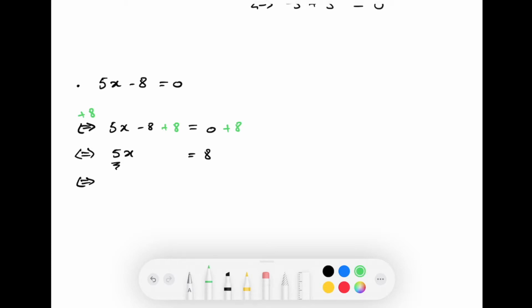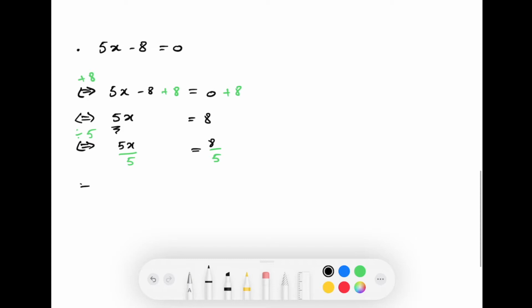And in the same fashion as before, we just divide both sides by this number, by 5. So we get that 5x divided by 5 is equal to 8 divided by 5. Rewriting this, we get x is equal to 8 divided by 5, because this 5 and this 5 cancel out, and well, this is just a fraction that we copy.